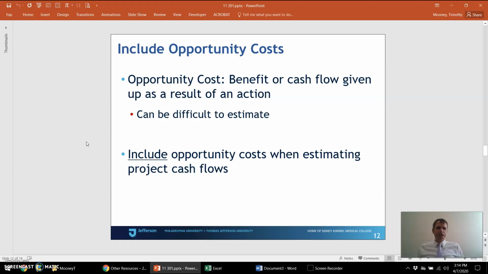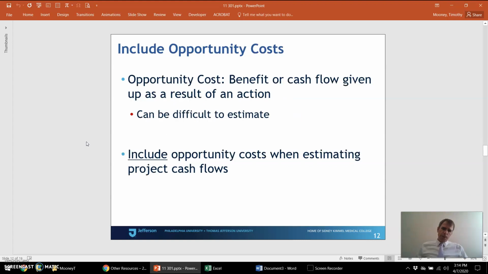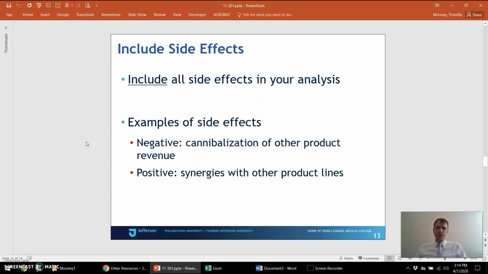And it's something we should compare a project to, right? Include opportunity costs when figuring out what cash flows to put on a cash flow timeline. So exclude sunk costs, include opportunity costs because they are incremental, right? If we build something on the land, we give up the opportunity to sell the land, so the loss of the opportunity to sell the land happens if we do the project.